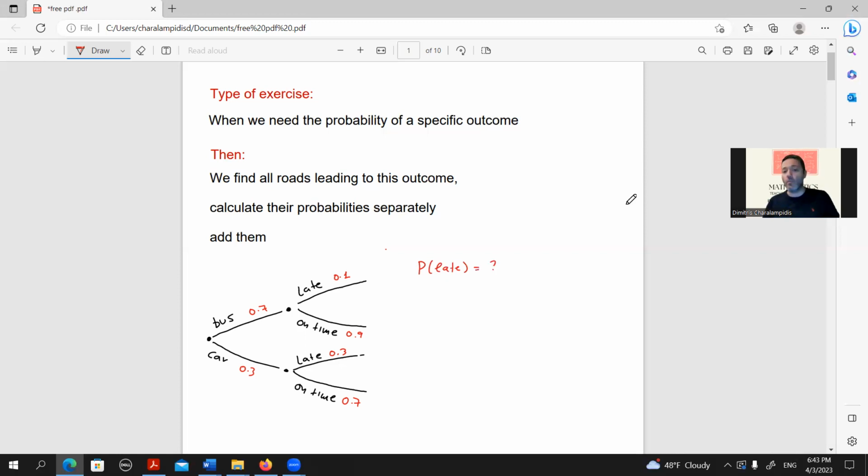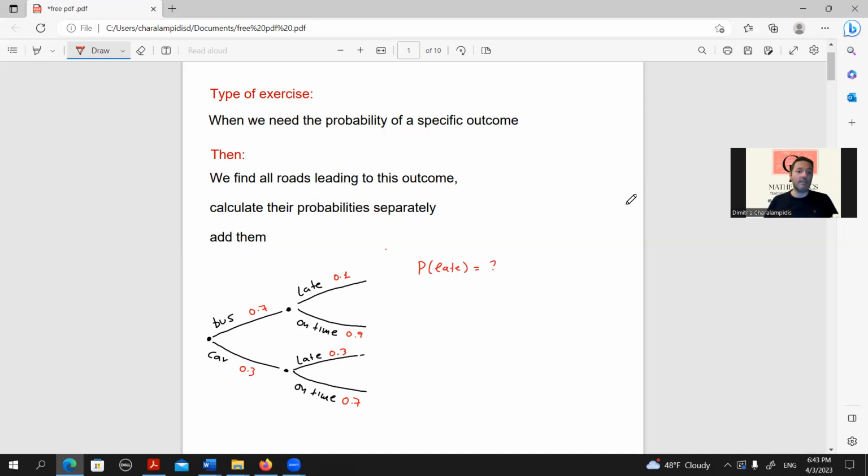A common question that we would expect from a student would be the following: late by what? Late by bus or by car? And that student would be absolutely right. No one cares which. So we need to consider all these cases.